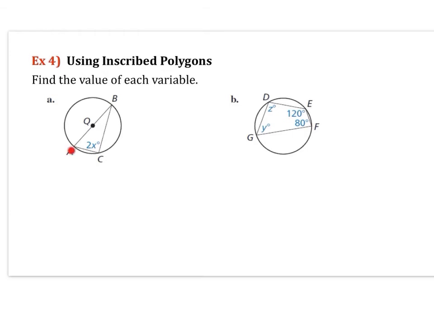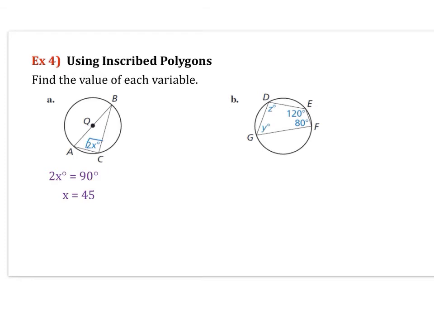So here we can see that segment AB is passing through the center at Q. So that means this must be our diameter. So we can conclude that this is a right angle. So we can set up an equation. 2x equals 90 degrees divided by 2, so x equals 45.